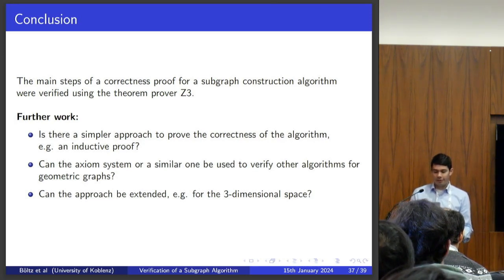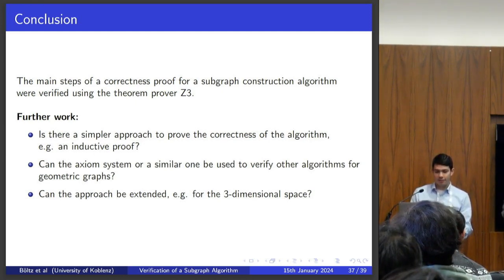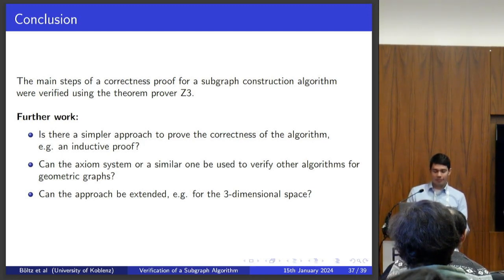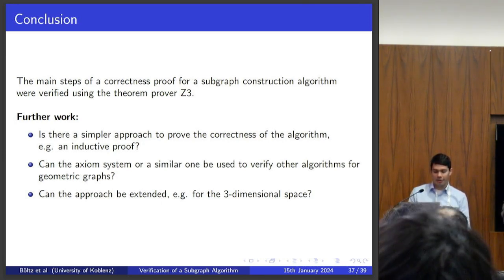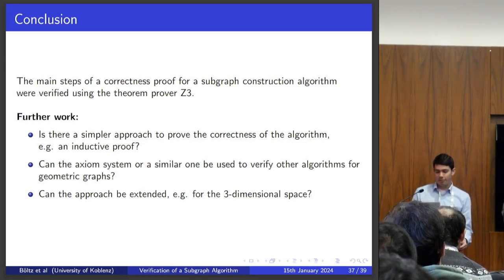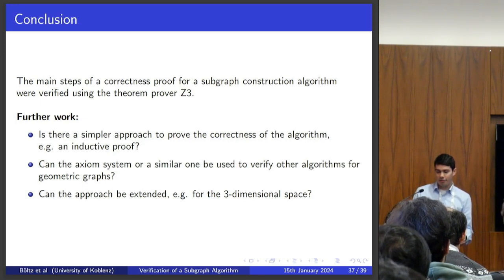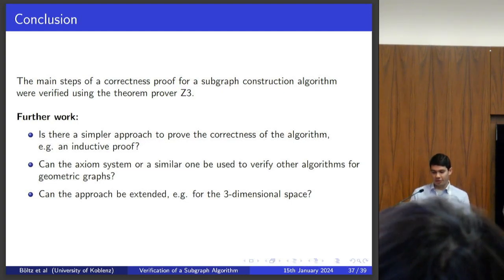We already thought a lot about how to do such an inductive proof, but the problem which arose was that we don't know which properties are guaranteed to hold in every inductive step of the algorithm, because the redundancy and coexistence properties are only guaranteed to hold for the input graph. Another question is whether this axiom system or a similar one can be used to verify other algorithms for geometric graphs, and if this approach can be extended, for example, to three-dimensional space.